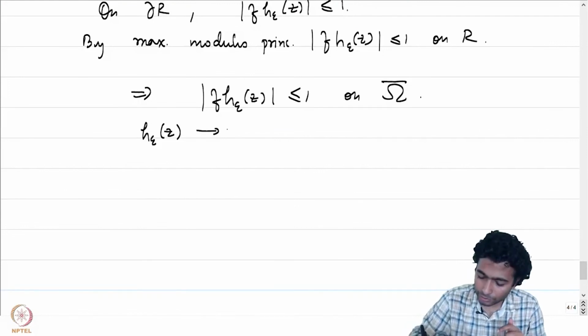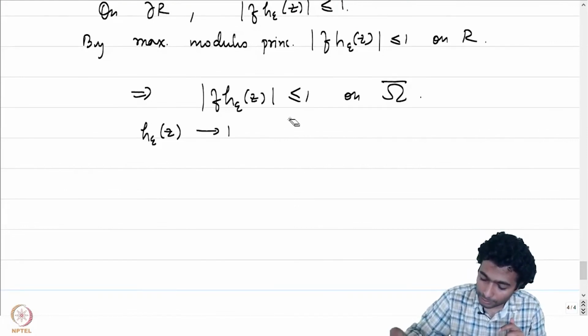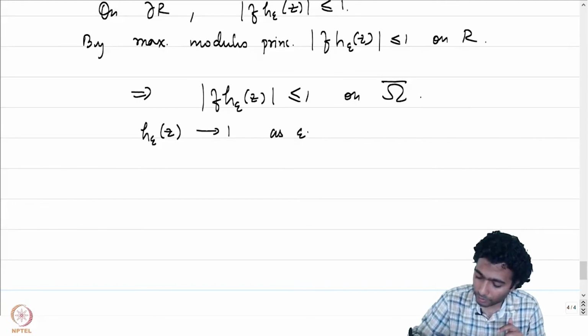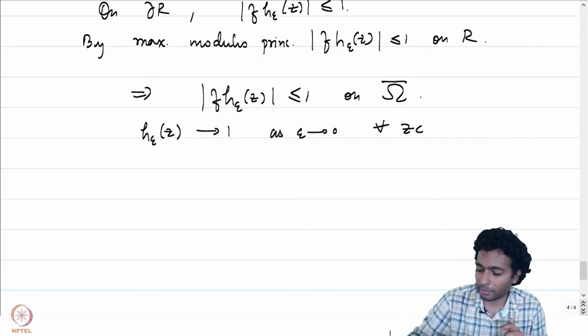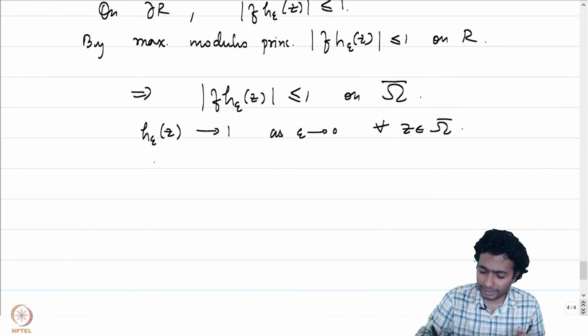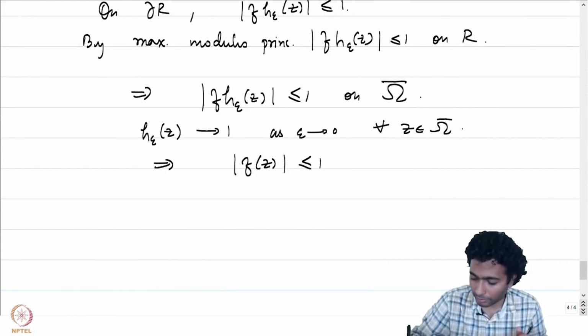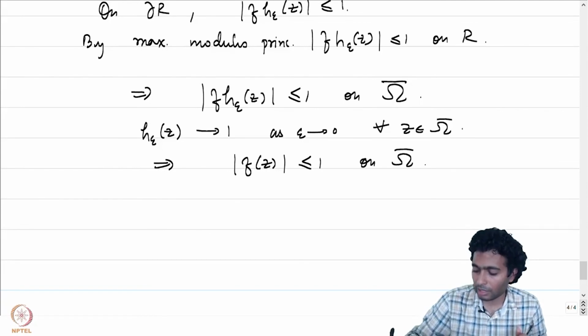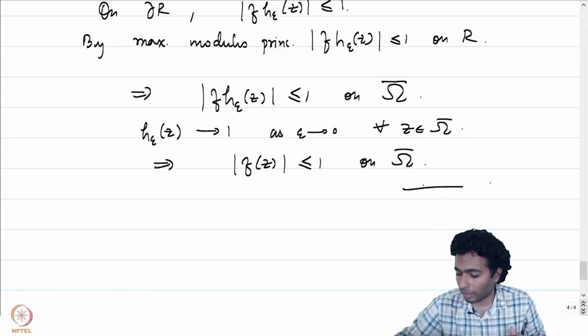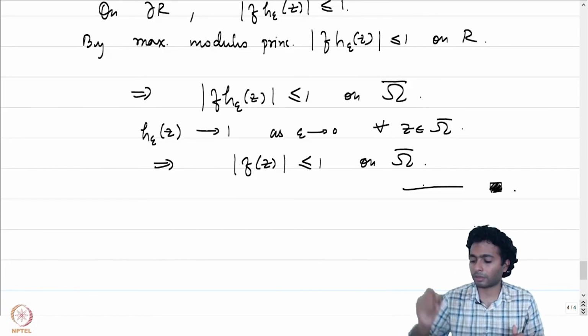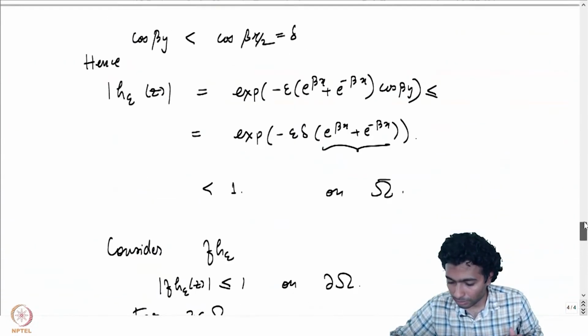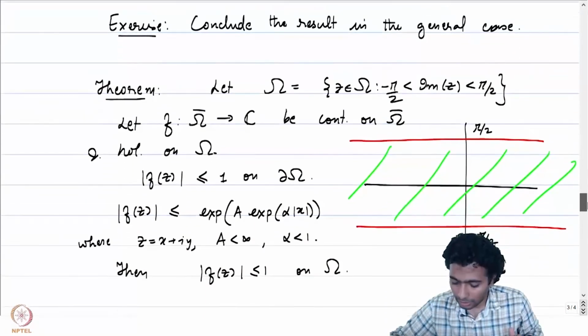H epsilon converges to 1 as epsilon goes to 0 for all z in omega bar. And that tells us that the absolute value of f of z is also less than or equal to 1 on omega bar, just like how we had expected to conclude. So with this we conclude the theorem.